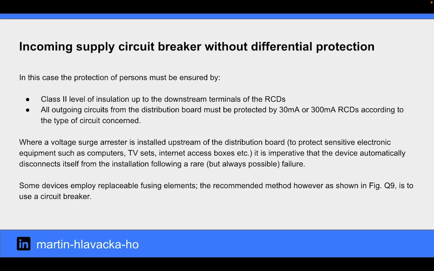Where an SPD is installed upstream of the distribution board, it is imperative that the device automatically disconnects itself from the installation following a rare failure. Some devices employ replaceable fusing elements. The recommended method, however, is to use a circuit breaker.